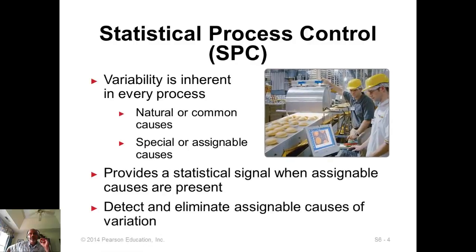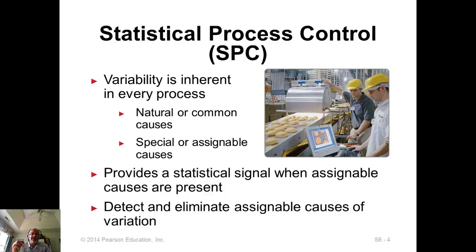Now, variability in a production process is inevitable. However perfect an operation may run, it will still have some amount of variability. For example, a cereal manufacturing company puts cereal in boxes that are supposed to weigh 16 ounces, but you're not going to have exactly 16 ounces in each and every box that comes out of the filling machine.